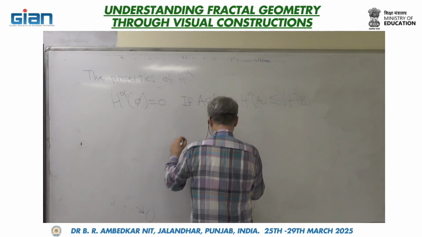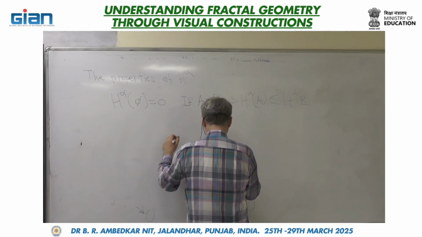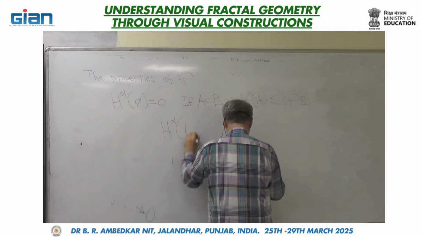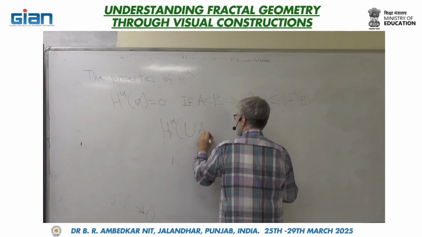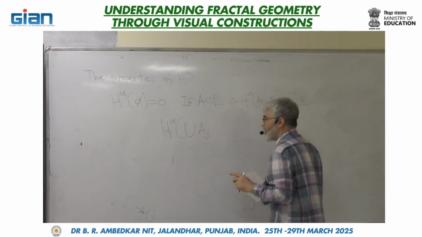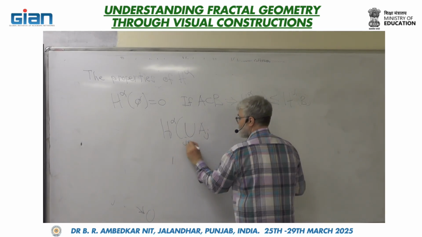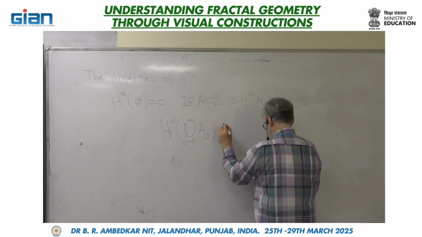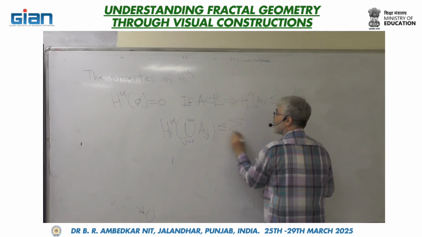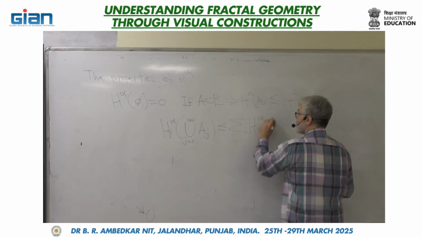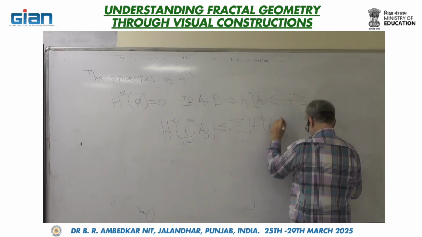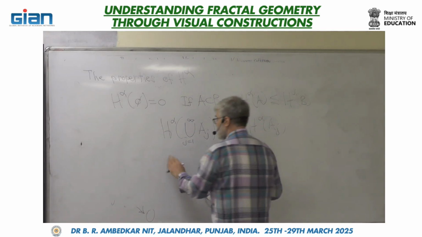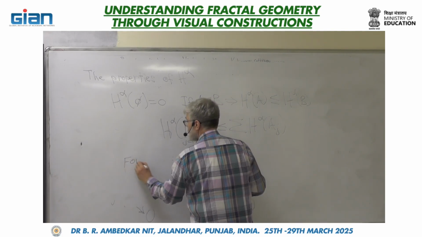Then the alpha dimension measure of a countable union of sets A_j is less than or equal to the sum of the measures H alpha of A_j.